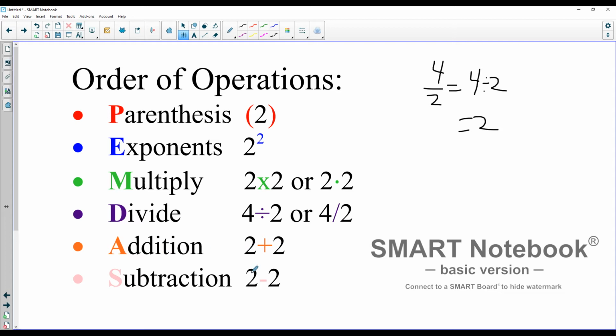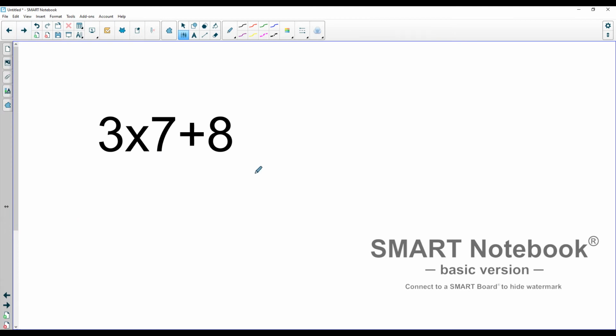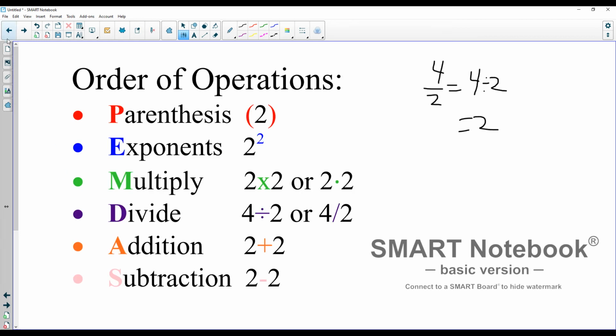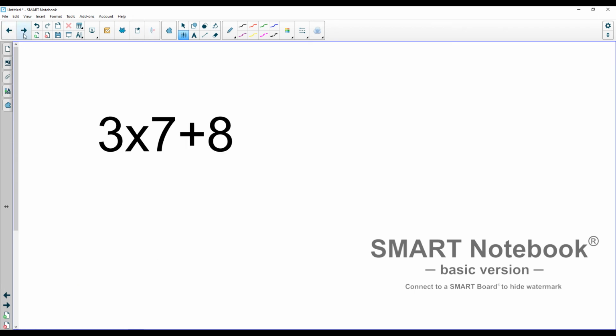Addition and subtraction, you've seen those plenty. I'm sure y'all can handle those fairly well. Easy. All right, so let's go over a couple examples. Using the order of operations, we need to solve 3 times 7 plus 8. Going back to the order of operations, do we have any parentheses?